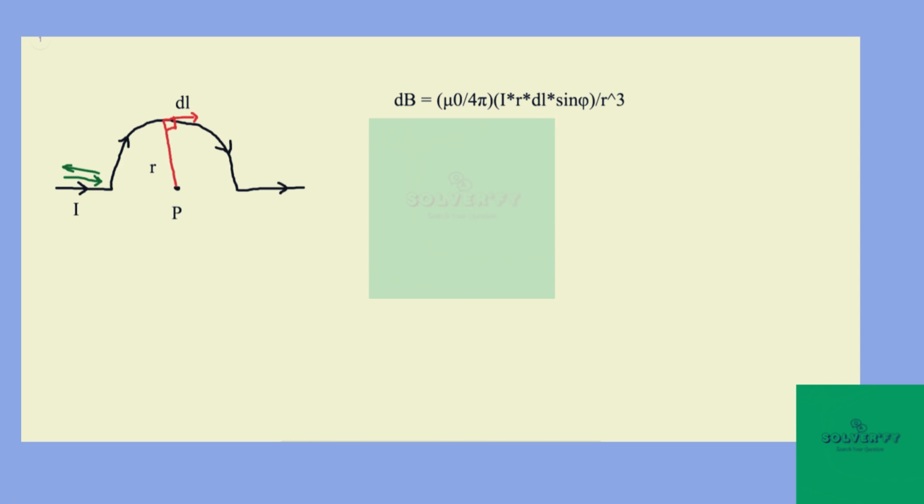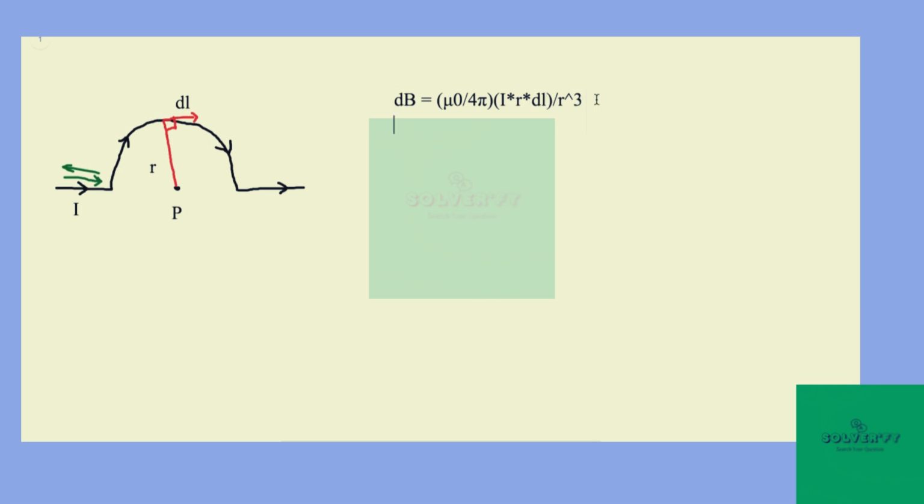So sine of theta, or sine of phi here, the angle between dL and r, is really just going to be 1, because sine of 90 degrees is 1. So we can just get rid of this angle term and not worry about it, because it's going to be equal to 1 for the entire integral that we have to do here.